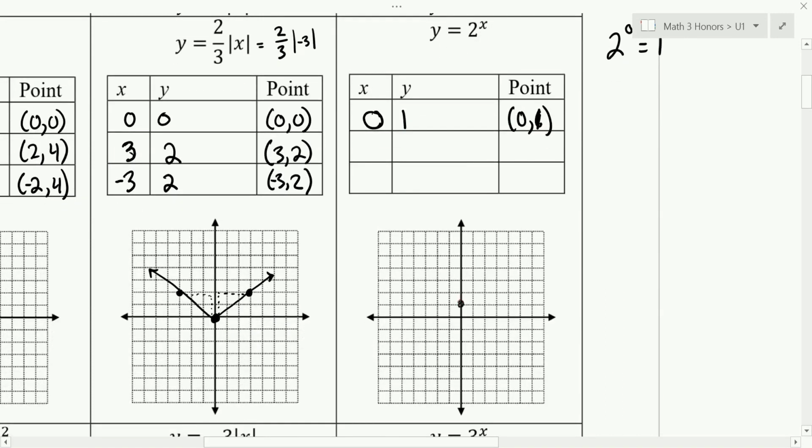All the other parent graphs go through 0, 0, but this one doesn't. This one goes through 0, 1. When x is 1, what is y? 2. When x is 2, y is 4.